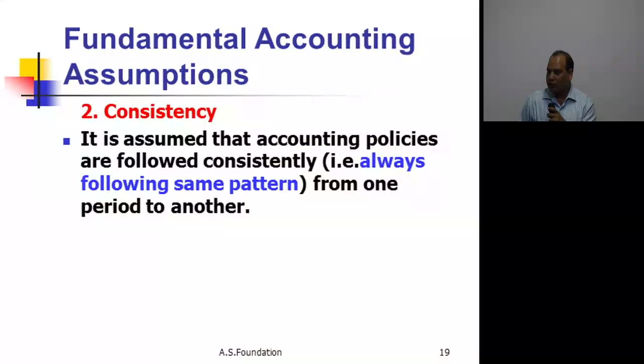So the consistency principle means that during the current year, the accounting policies followed are the same as those of the previous year. The company has followed the same accounting policy which it had followed in the previous year. No change in accounting policy is assumed if nothing is informed to the user of the financial statement.